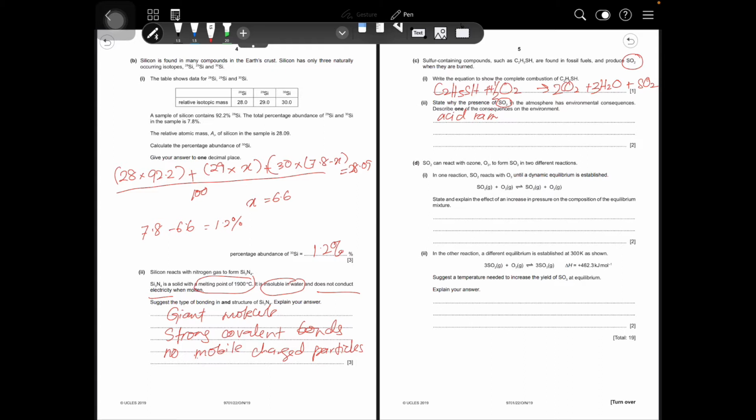You can describe any of the effects of acid rain. So you can say it will kill or damage fish by lowering the pH of the aquatic supplies. You can also say it will leach nutrients from the soil.